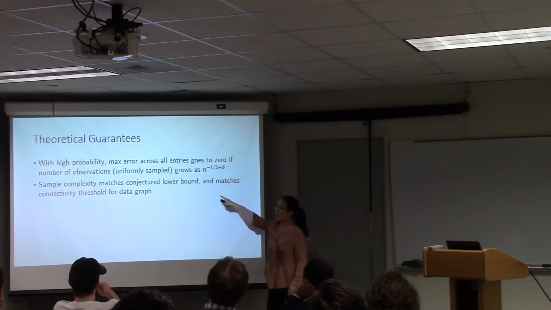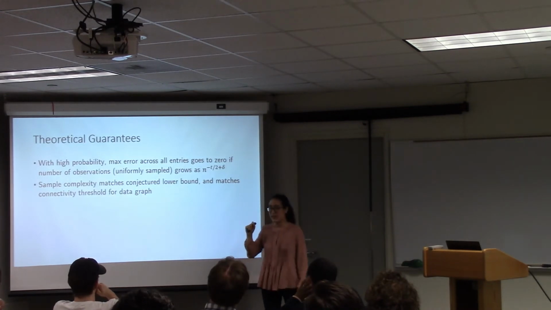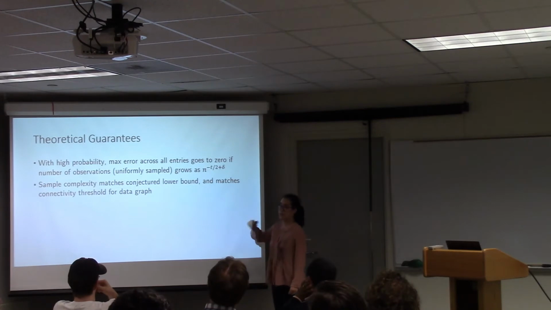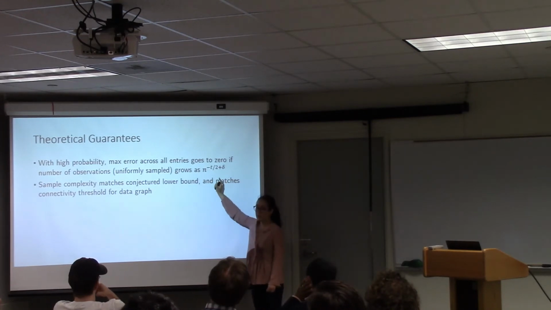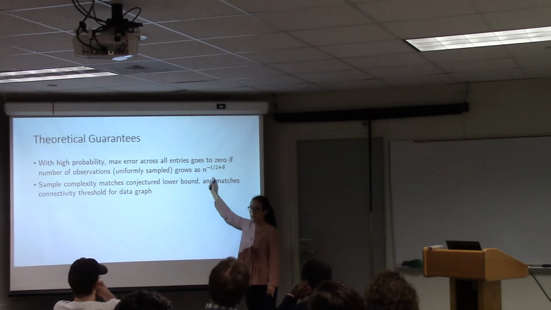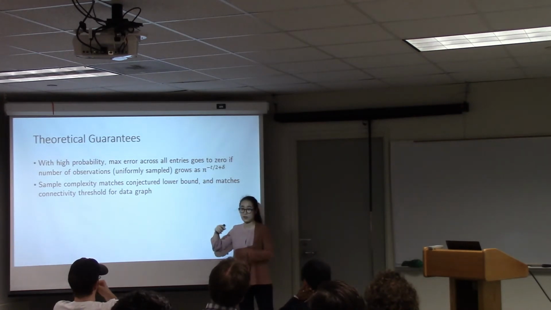This lower bound comes from the sum of squares hierarchy, and the conjecture is that no computationally efficient algorithm can produce an efficient estimator with fewer samples than n to the minus t over 2. And in fact, this threshold, n to the minus t over 2, is exactly the threshold you need for connectivity for that graph that we did.